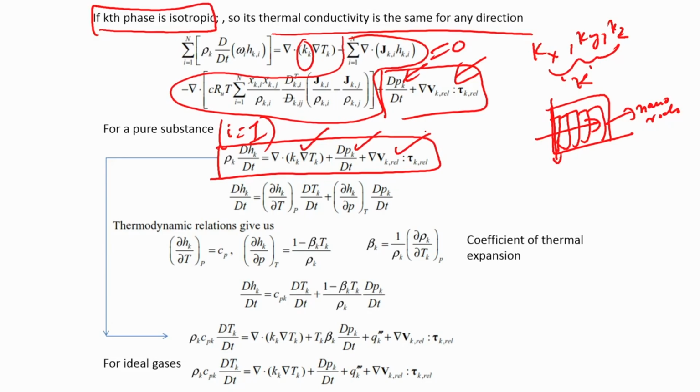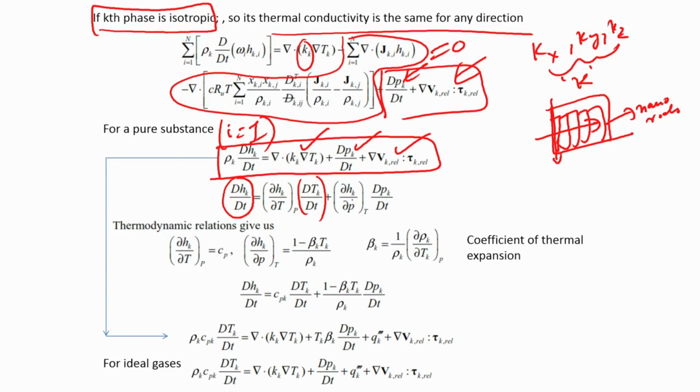Now, we can do a little bit of jugglery, because this is not a very usable form, not the one that you normally encounter. So, what we do is write this material derivative of the enthalpy of the kth phase as the differential of Hk with respect to T at constant pressure times the corresponding material derivative of the temperature of the kth phase.